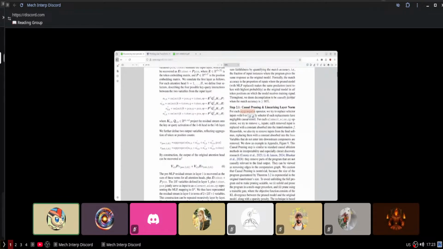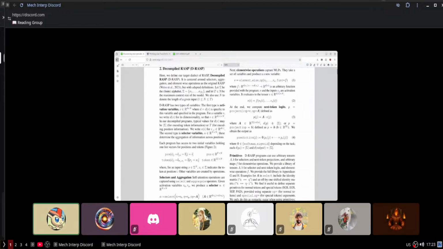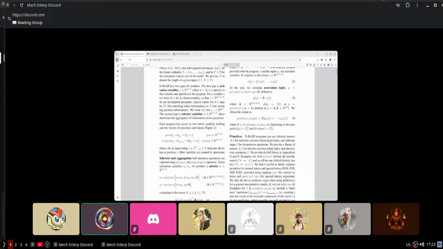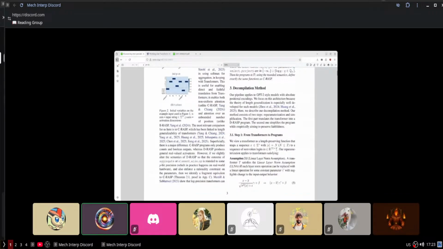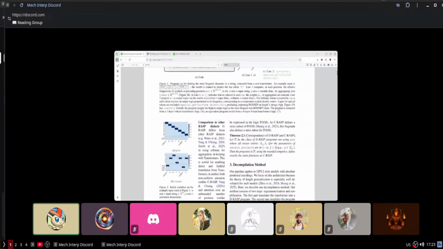Okay, so the aggregate operator, I understand the aggregate operation is just adding the numbers and then doing a softmax. Or adding vectors, I mean. So the aggregate operator is just adding the vectors and then doing a softmax, right? Yes.